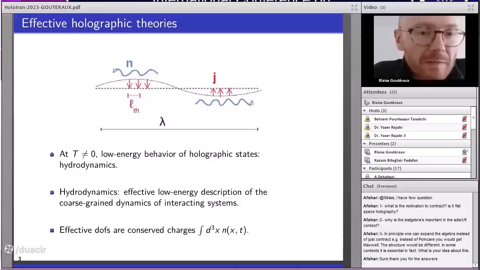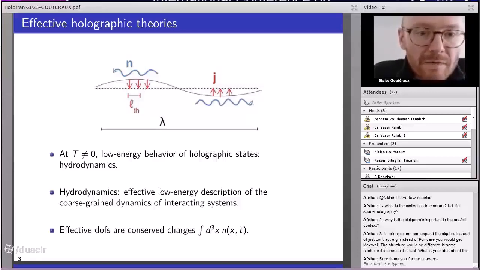At finite temperature, we know that the low energy behavior of holographic states is well described by hydrodynamics. Hydrodynamics is an effective low energy description of the coarse-grained dynamics of interacting systems.